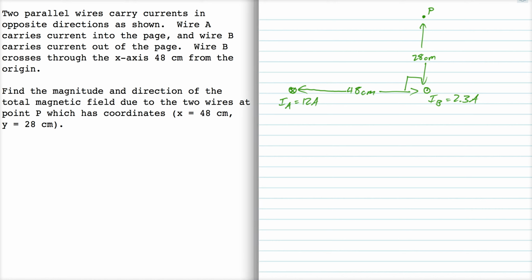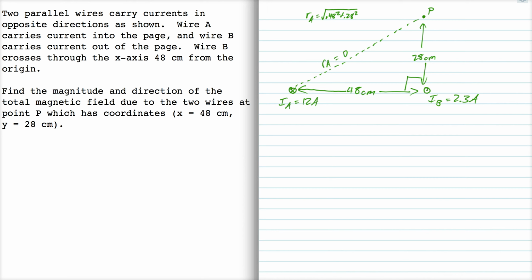Alright, so we need to determine the magnitude and direction of the magnetic field at point P. Now this is a right triangle that I'm showing here, so let me determine this hypotenuse. We'll call this RA. Now RA is 0.48 squared plus 0.28 squared using Pythagorean theorem.